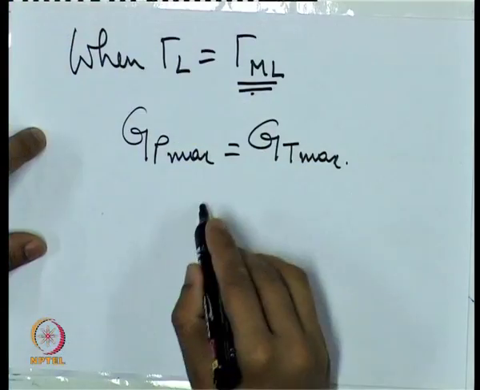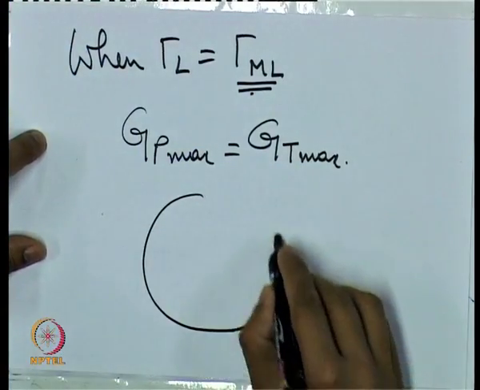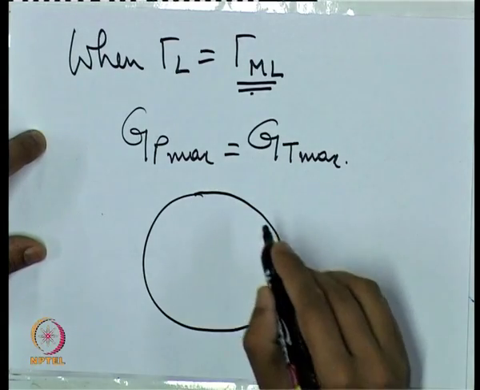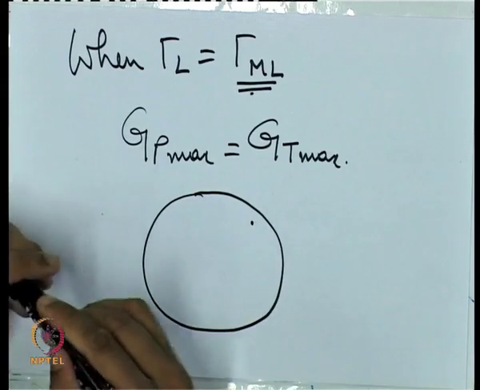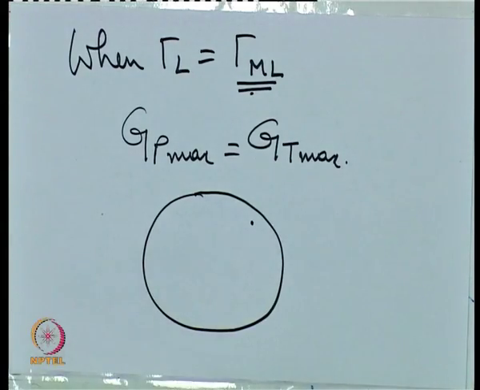So, how to design using these operating power circles? Suppose this is our Smith chart, and say the power gain circles that we obtain are like this.